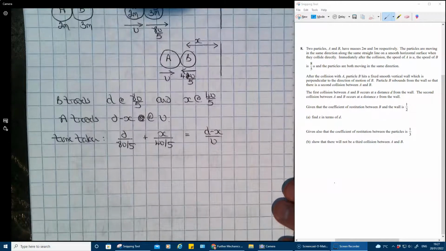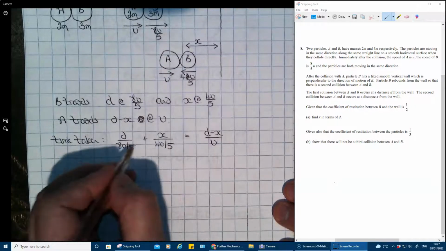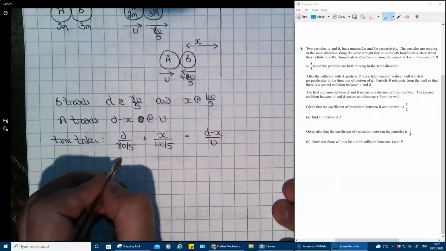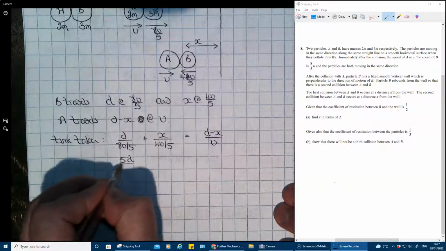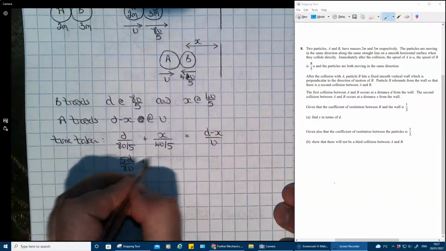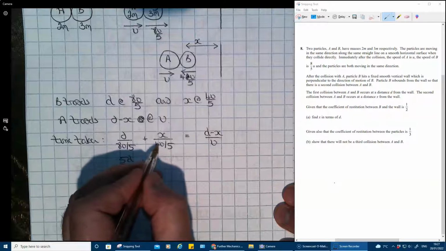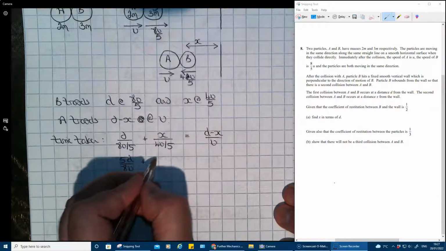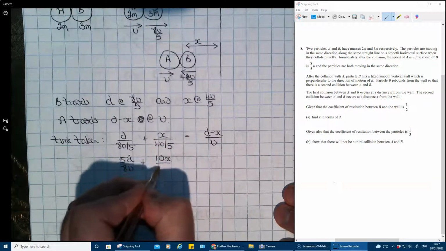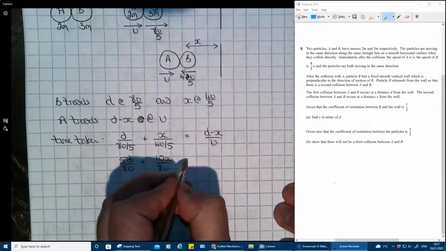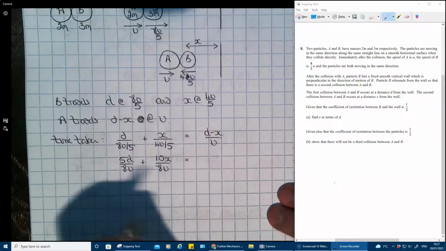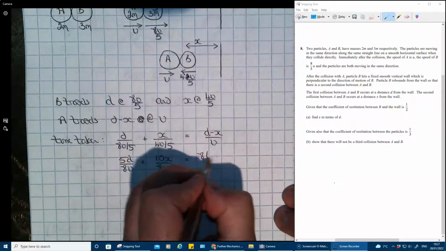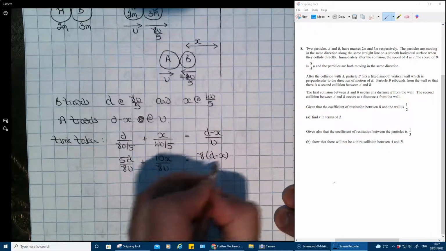Okay, so now it's just a matter of a bit of algebra. Times this top and bottom by 5, so we get 5d over 8u plus 5x over 4u, so I'm going to double it, so I'm going to have 10x over 8u equals, and I might as well multiply this one by 8 as well, 8 times d minus x over 8u.